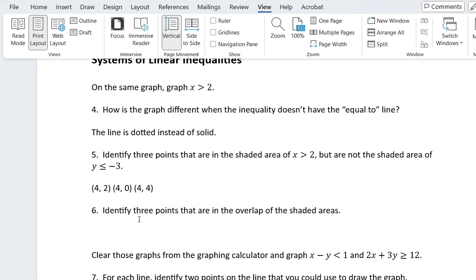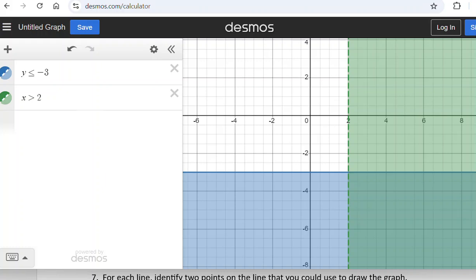Now we want to identify 3 points that are in the overlap of the shaded areas. And this is where I am solving my system. So the overlap of the shaded area is going to be points that cover both inequalities. And so solutions to the system of inequalities are in that overlap of the shaded area. So unlike when we just have lines where we're looking at a single point as the solution to the system, now we have a shaded area that's the solution to the system.